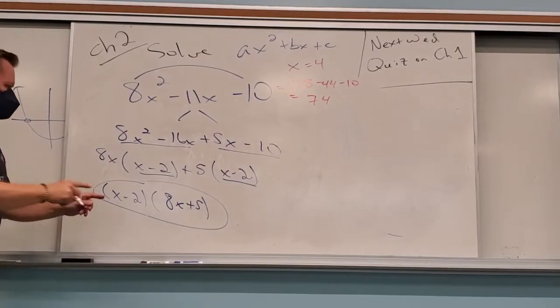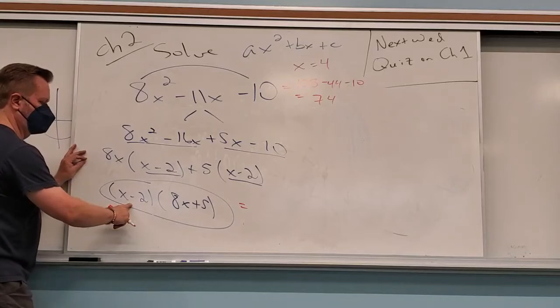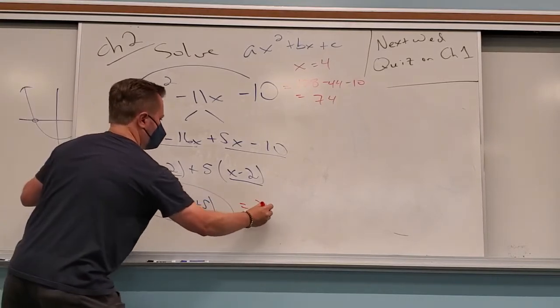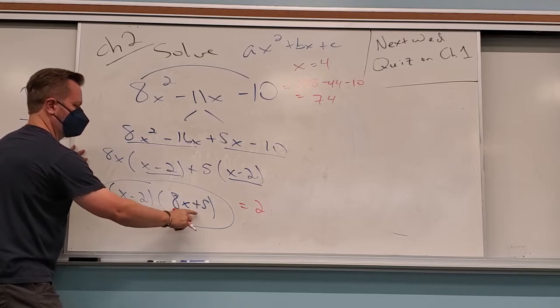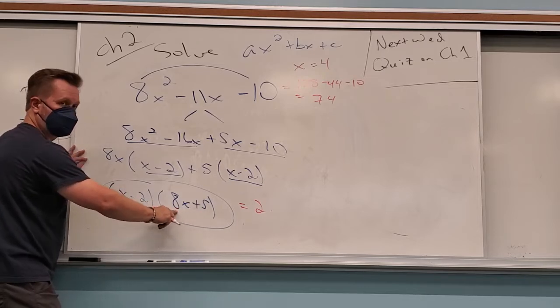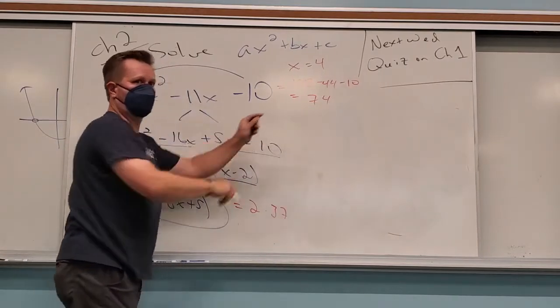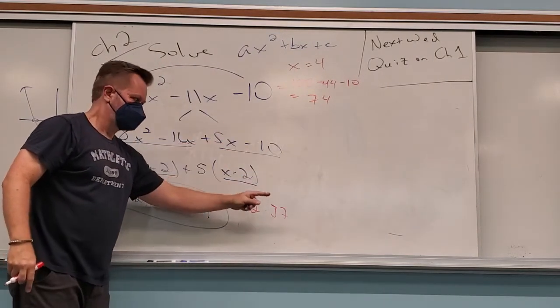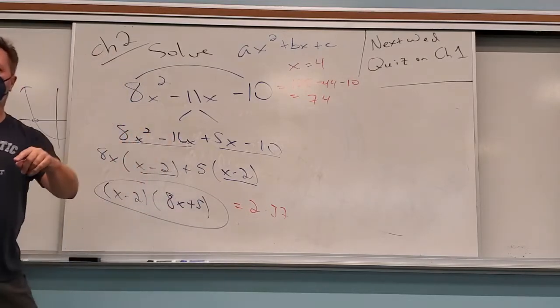If x is 4, what is this number? 2. And if x is 4, what is this number? 4 times 8 is 32 plus 5? 37. How do you factor 74? 2 times 37. So again, I think I did this once with you guys before.